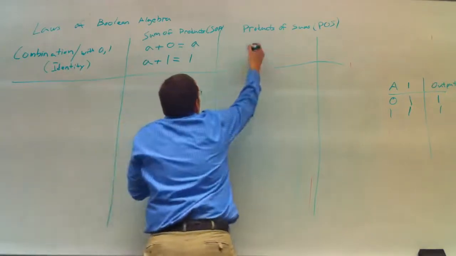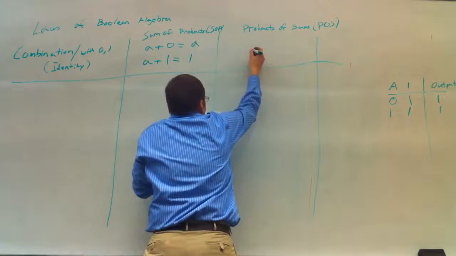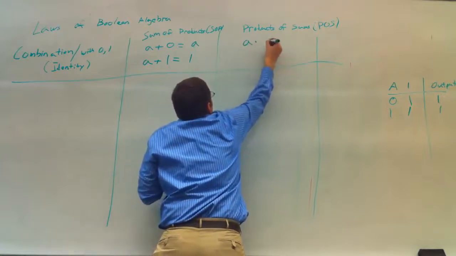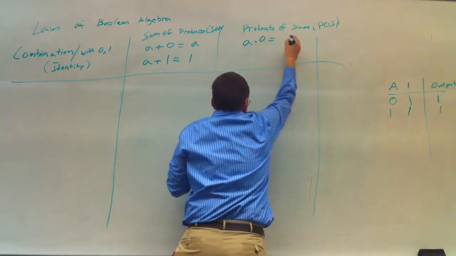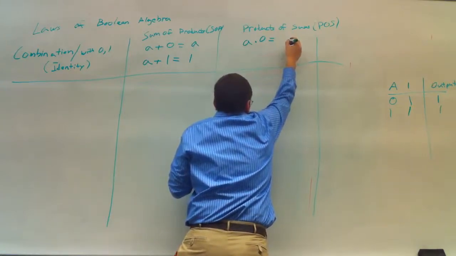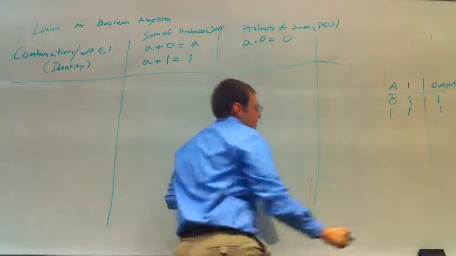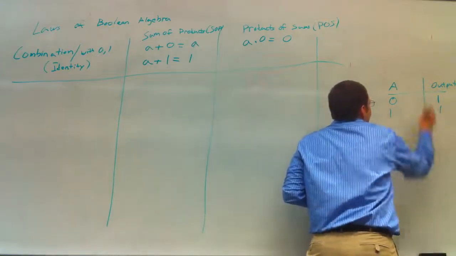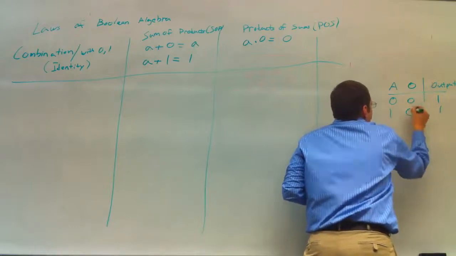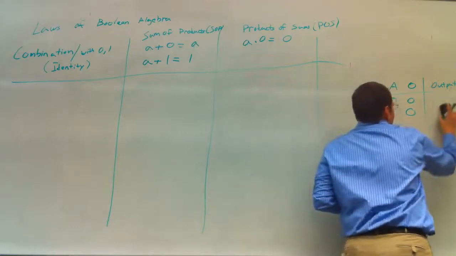For the product of sums, A ANDed with 0 equals 0. If I put zeros here, hopefully you can see we're doing the AND operation this time.